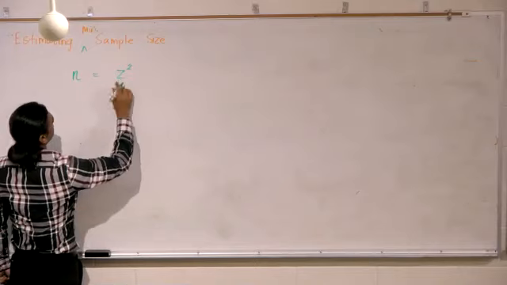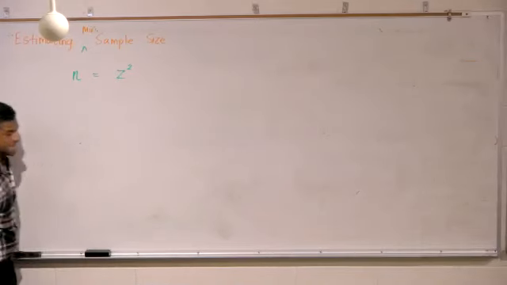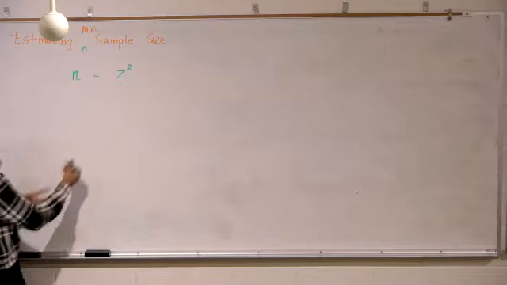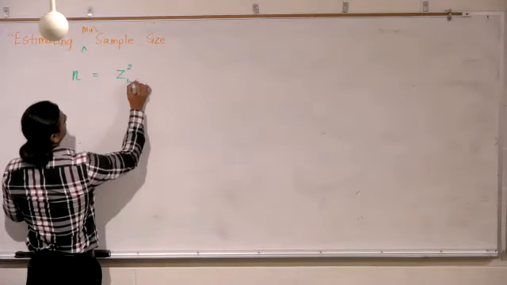So Z squared: you can either use the positive critical value or the negative. Both of them would give the same answer. Why? Because it's squared. So I'll just use the positive one.